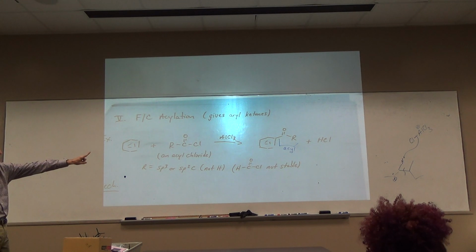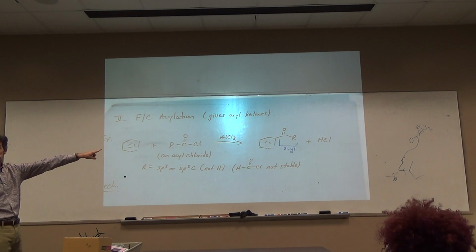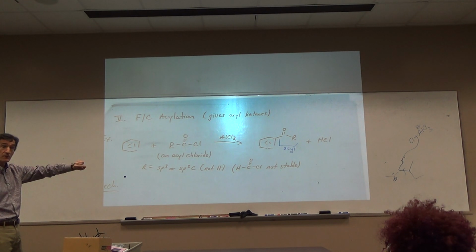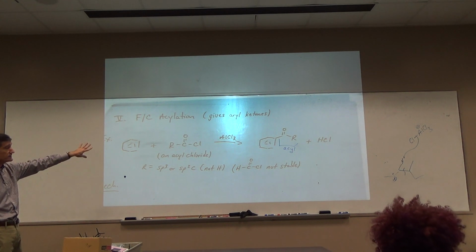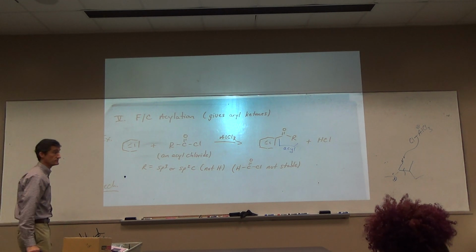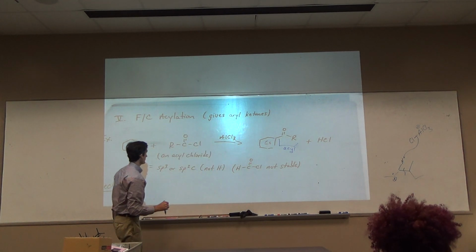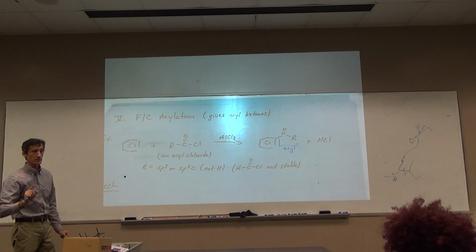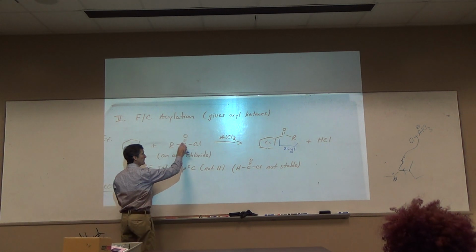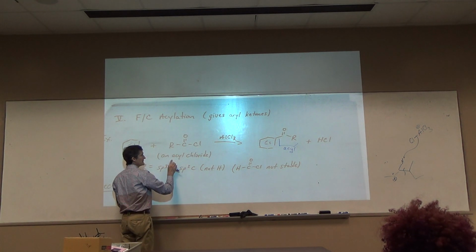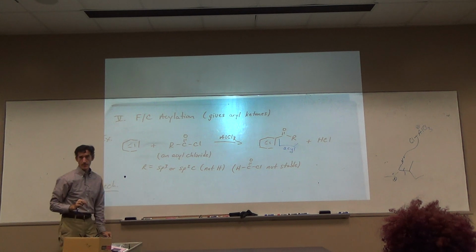Okay, acyl group has the carbonyl. Not an alkyl, not an alkylation, but an acylation. Carbonyl is bonded to the ring. Very darn similar. Instead of using an alkyl chloride, we use an acyl chloride.